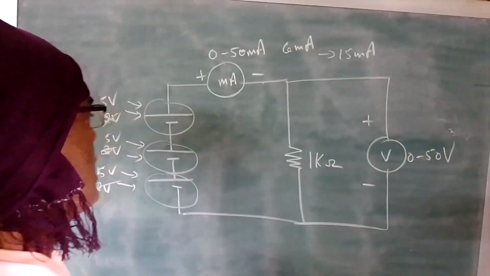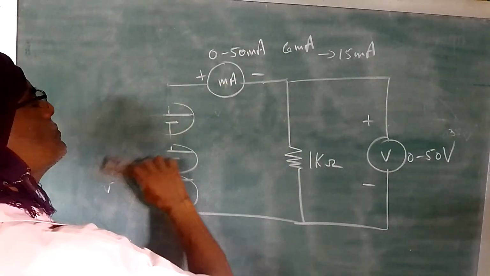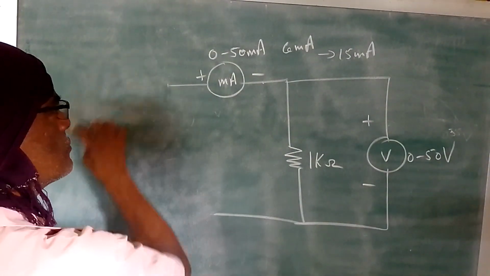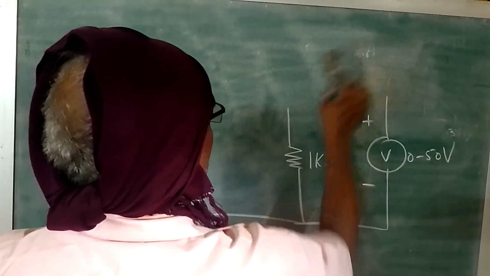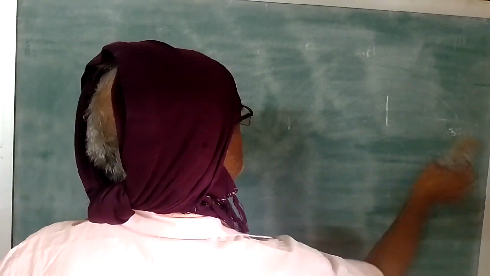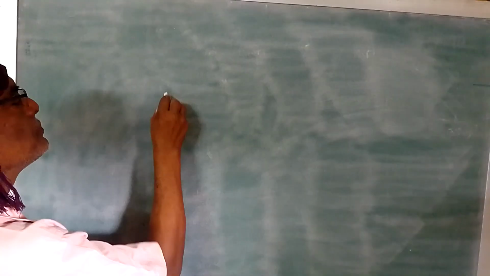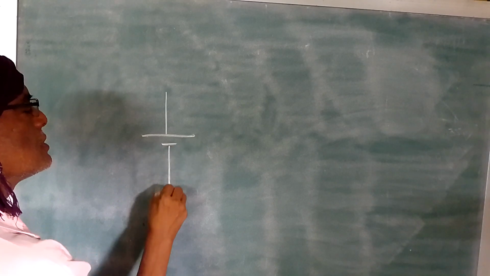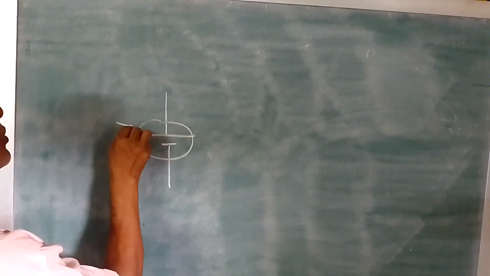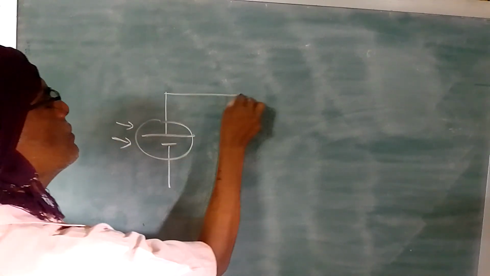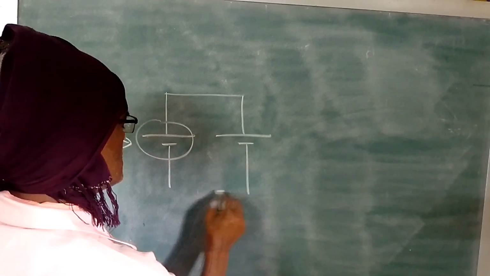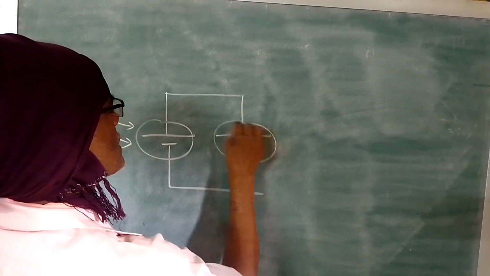This is for series, and for parallel connection, what you do is, this is a solar cell, this is the next one, this is parallel connection.